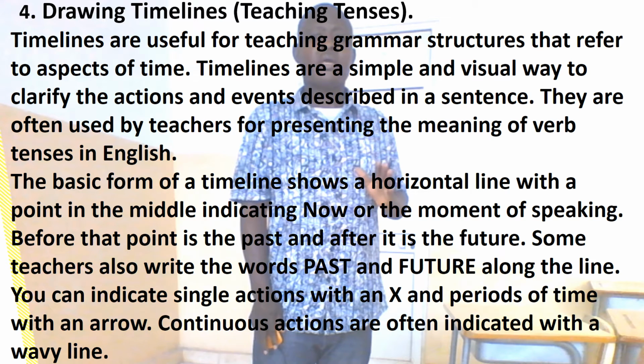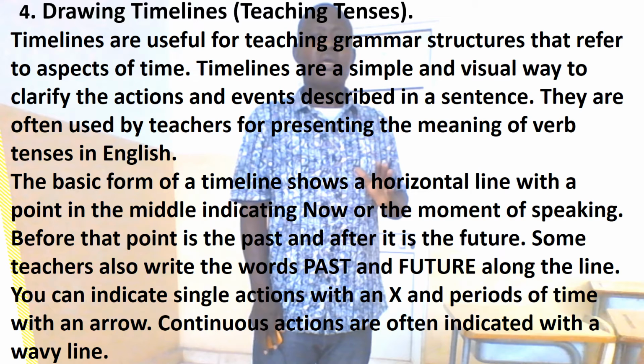4. Drawing timelines, teaching tenses. Timelines are useful for teaching grammar structures that refer to aspects of time. Timelines are a simple and visual way to clarify the actions and events described in the sentence. They are often used by teachers for presenting the meaning of verb tenses in English. A basic form of timeline shows a horizontal line with a point in the middle indicating now, or the moment of speaking.